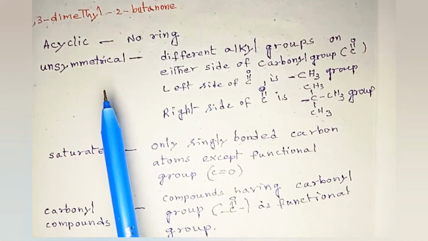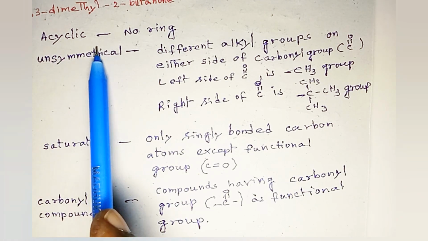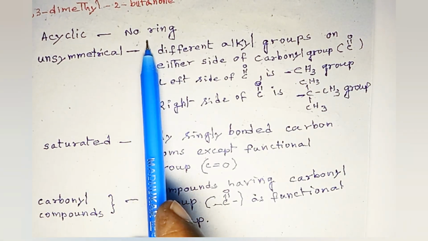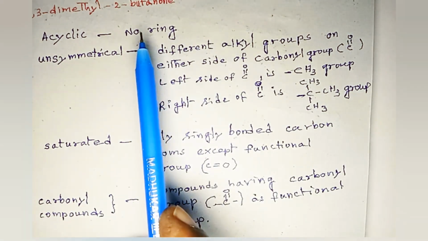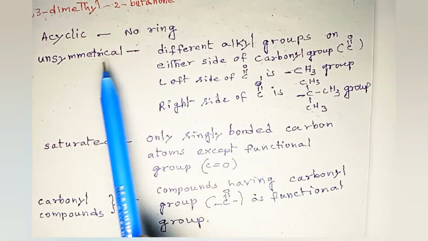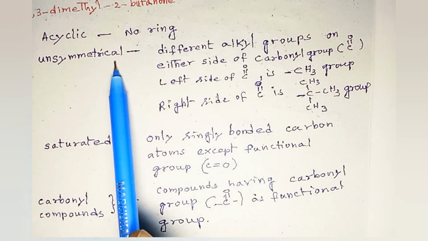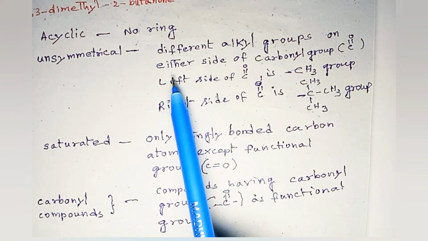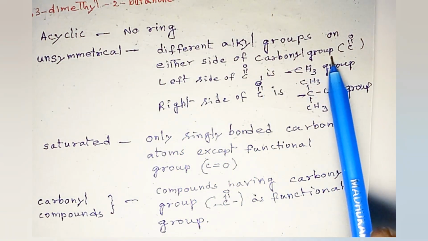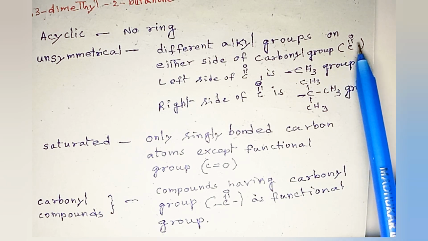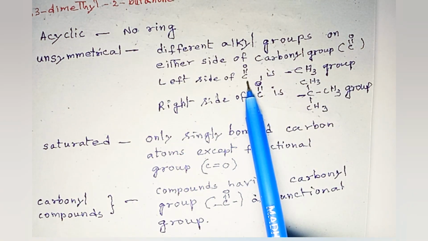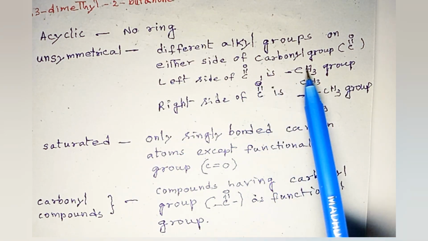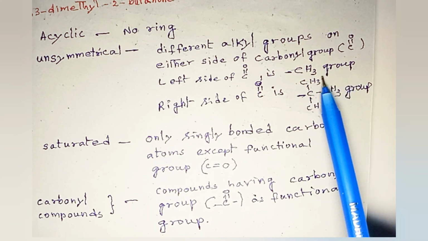Okay, it is acyclic because the structure has no ring. It is unsymmetrical because different alkyl groups are present on either side of the carbonyl group C double bond O. Left side of the carbonyl group is CH3 group.